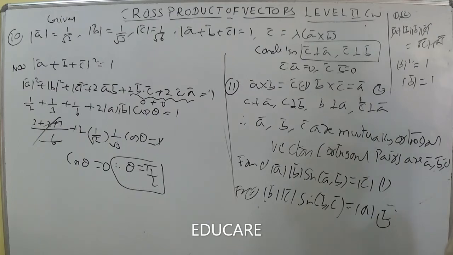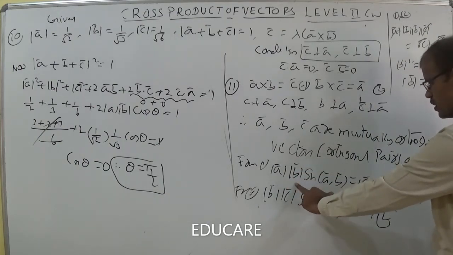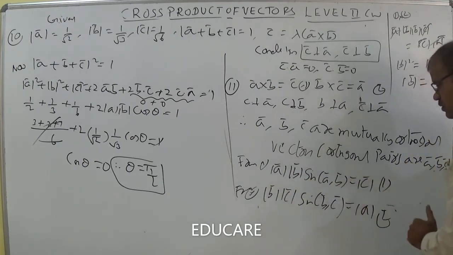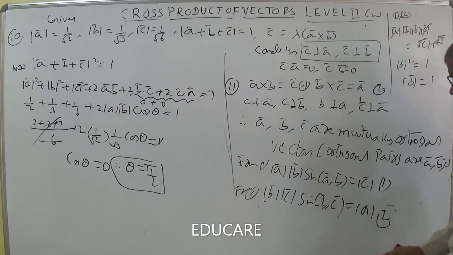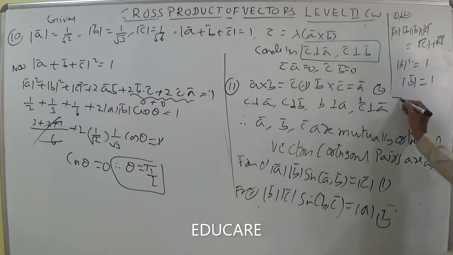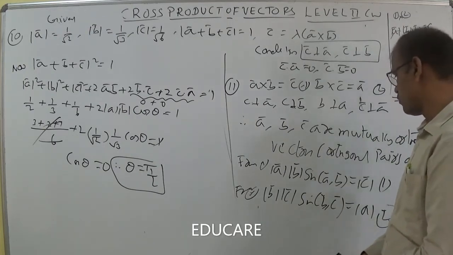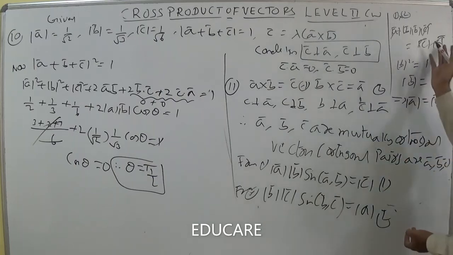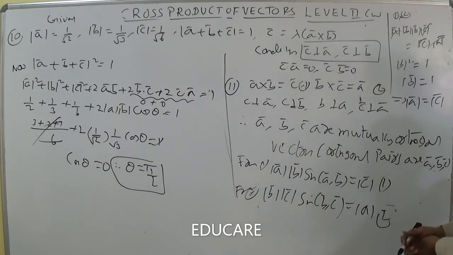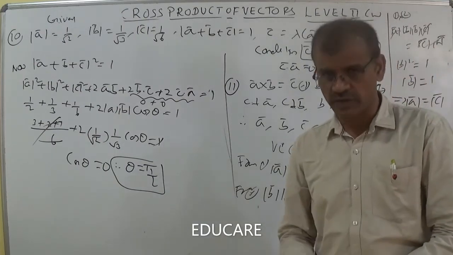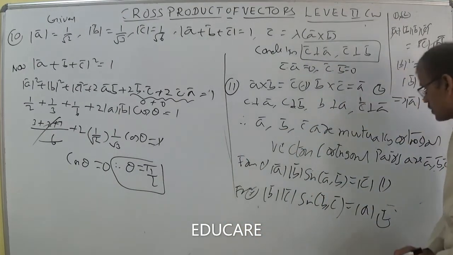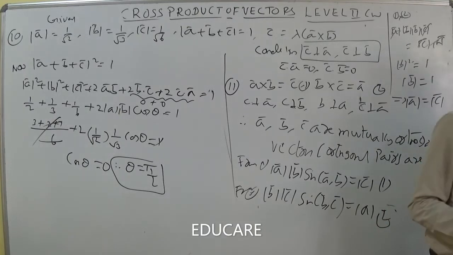Whenever mod B is equal to 1, if you substitute the value here, you get mod A equal to mod C. Once again, if you substitute the value, mod A into mod C whole square is equal to 0, so mod A equal to 0 or mod B equal to 0. Whenever mod A equal to 0 it becomes a null vector. Here it is not possible. So the magnitude should be equal to 1.